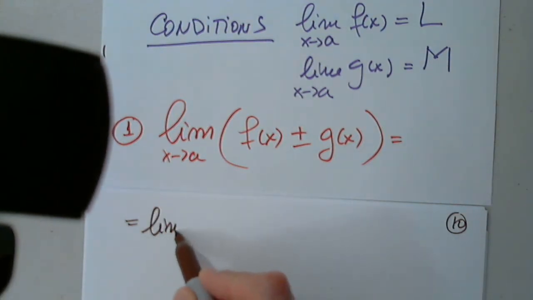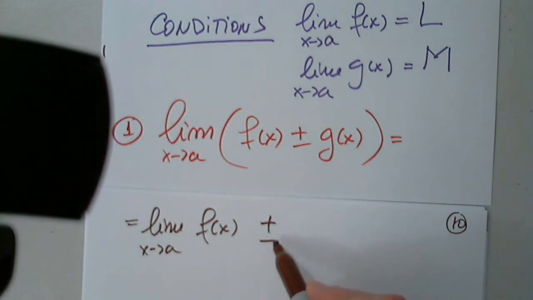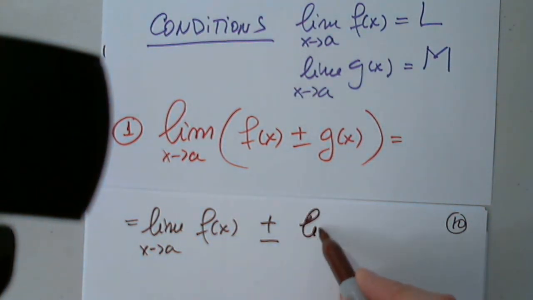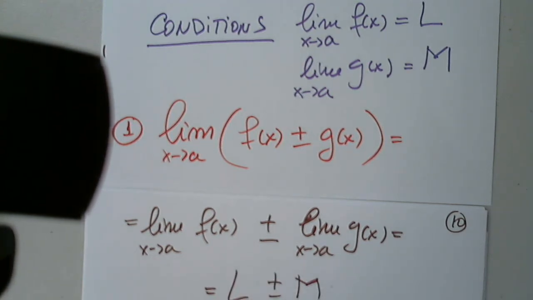Absolutely. Limit, as x approaches a, plus or minus, if this is plus, this is plus, if this is minus, of course, limit of g of x as x approaches a, and then eventually what will it equal to? Is it L plus or minus M? That's it. Awesome.